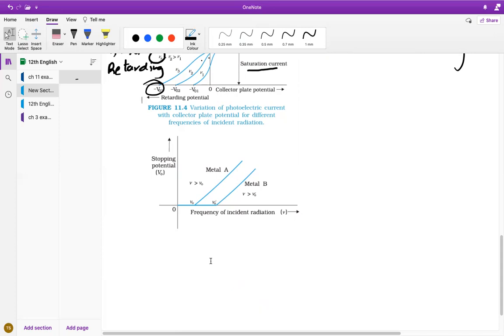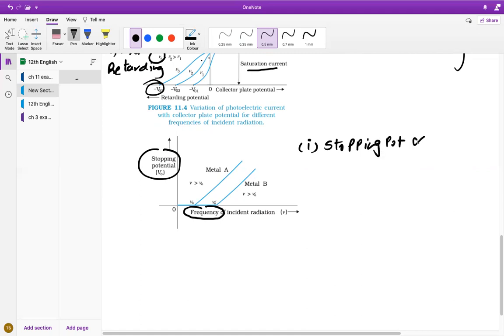The very first thing to observe is that frequency and stopping potential both have a direct relationship. Frequency and stopping potential have linear proportionality. So you can say that stopping potential is directly proportional to the frequency.